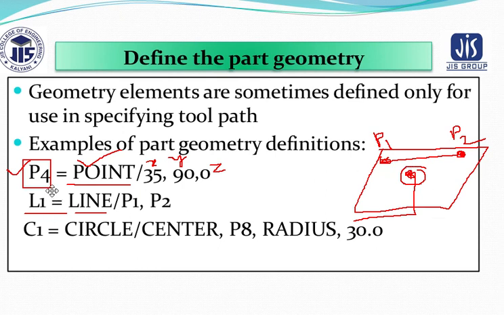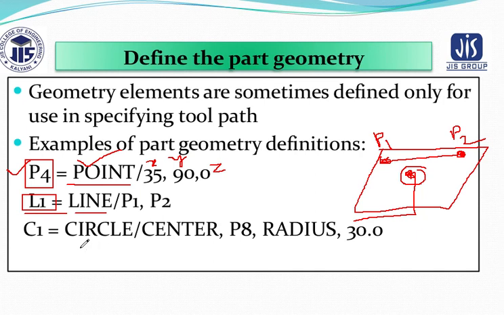That's why it is defining a line, which has been represented by L1. It has been written as LINE slash P1 comma P2. When you write P1 comma P2, you are going to give the values for the P1 point and the P2 point also, so that they can draw a line from P1 to P2.